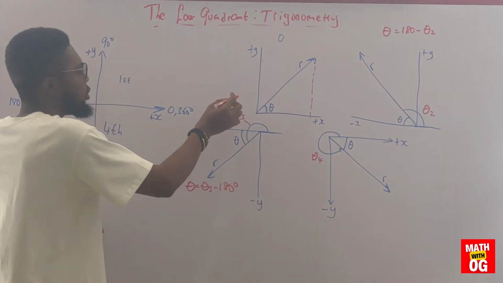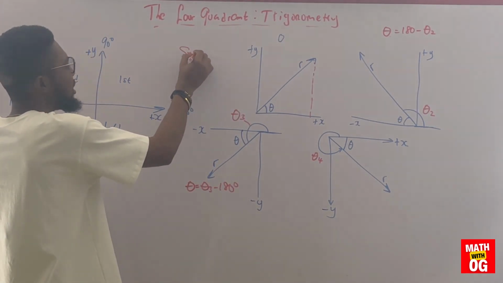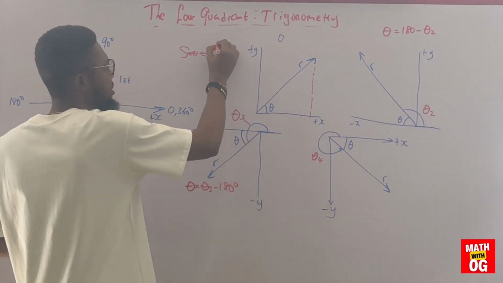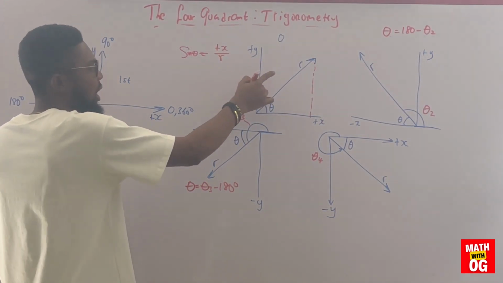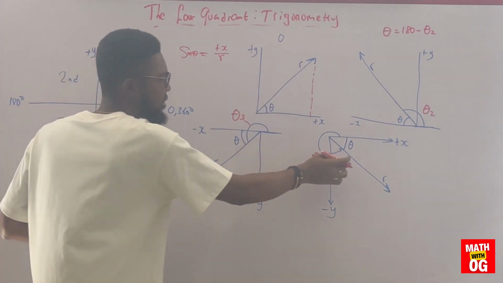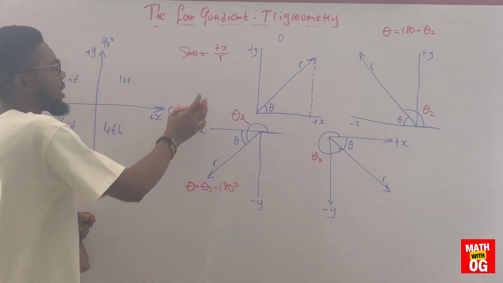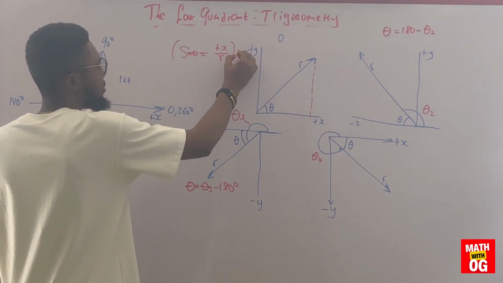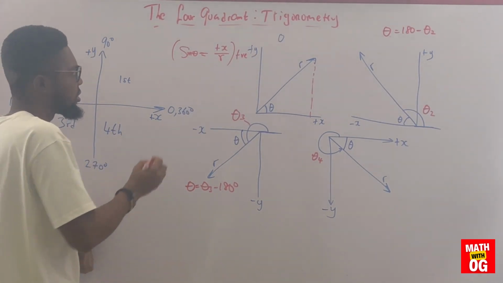From here, you will agree with me that my sine theta is equal to opposite over hypotenuse. That is positive y over r. r is always a positive value. So you can see plus over r. It means that my sine theta is positive in the first quadrant.